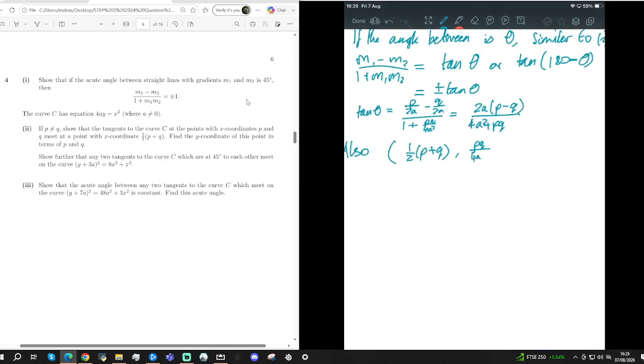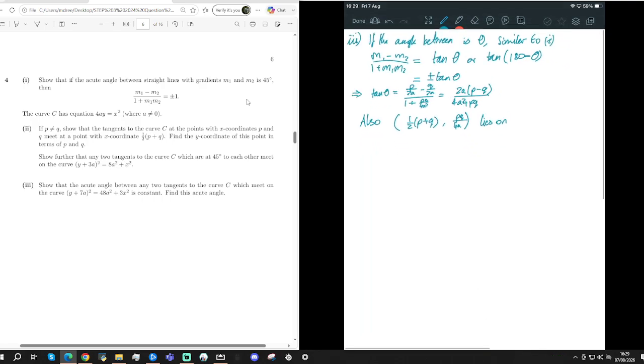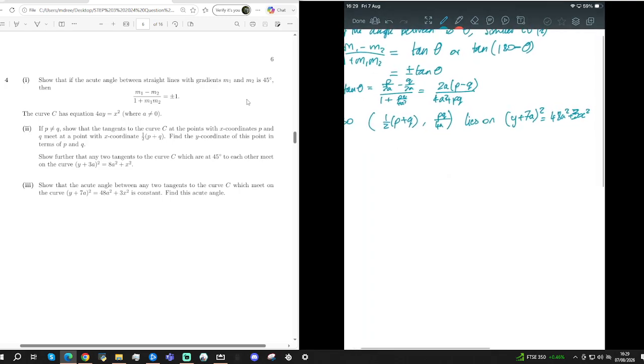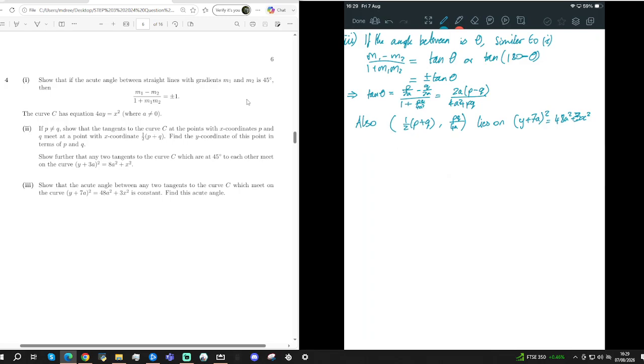Over 4a lies on y plus 7a squared equals 48a squared plus 3x squared. Okay, I lost a plus or minus on that line above. Okay, so that lies on that curve, and I'd quite like an expression with this 2a p minus q over 4a squared plus pq.